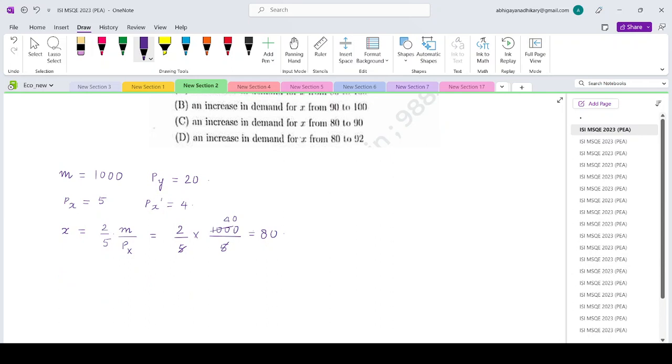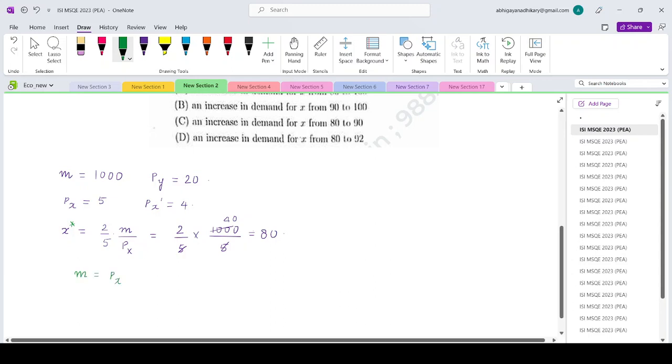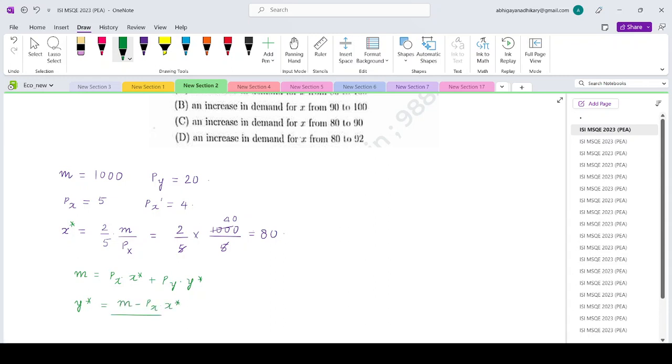And to get to the optimal amount of good Y, we can easily use the budget equation. So M equals Px into X star plus Py into Y star. So my Y star will be M minus Px into X star divided by Py.